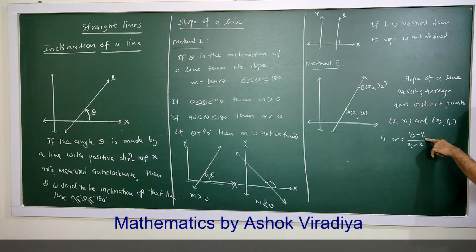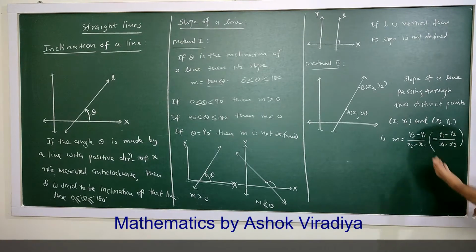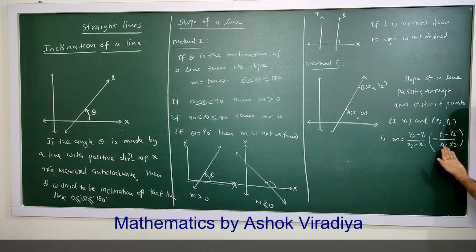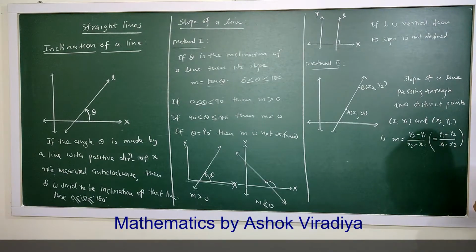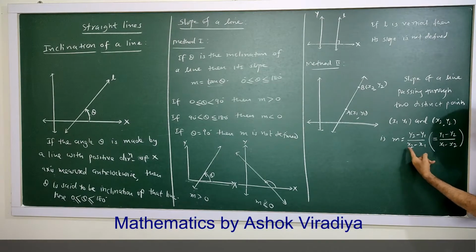That is the difference of the y coordinates upon, in the same order, the difference of the x coordinates. You can also take (y1 minus y2) upon (x1 minus x2). It is the same. But if x1 is equal to x2, then the slope is not defined.